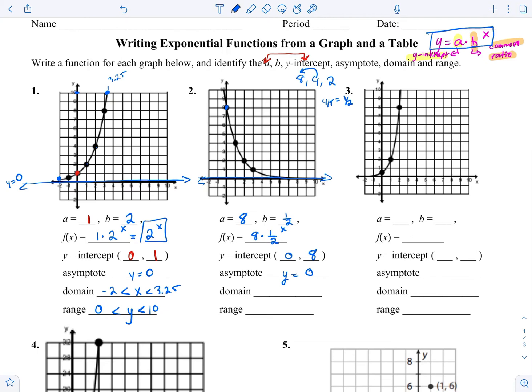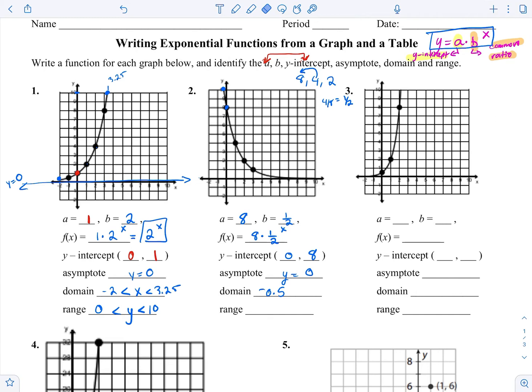Our domain, we really can't see where it ends, even though we can see where it begins up here. So it begins just over x equals 0, so about at -0.5. And like I said, we really can't see where it ends because it ends up going over.